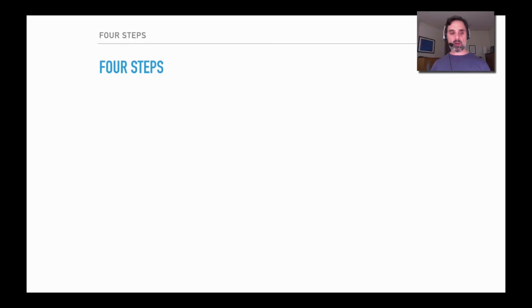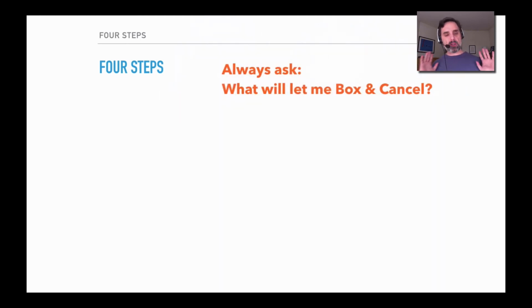Okay, so I've reorganized the 6 steps into 4 steps with slightly bigger steps. The first thing, though, before we do any steps, is we always need to be asking ourselves, what will let me box and cancel? That's the most important question. With the early derivations, they were not so open-ended. The elimination rules were really driving us in one particular direction.